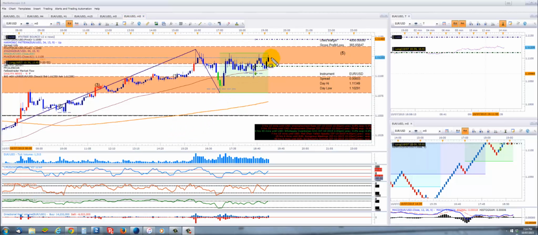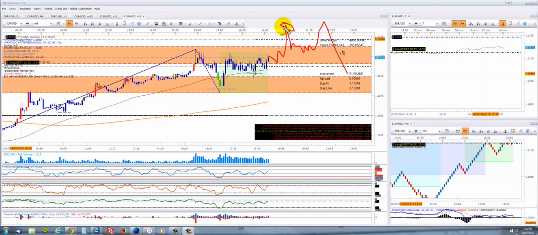So what we're going to see, if I just jump in here to the pen, is we should actually see price tap around here and then just basically shoot straight up, which is the point we're looking to get taken out at, and then it will most likely fall away again until it works out what it's going to do, whether it's going to continue higher or lower.